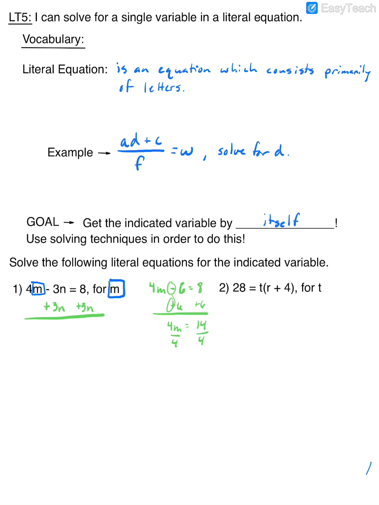Okay, so that leaves me with 4m on the left. Now, I don't know what 8 plus 3n is, okay? And you're not going to know. These are not like terms. So the big idea is that I can't put those together. I cannot make 11n. It's not the same, okay?